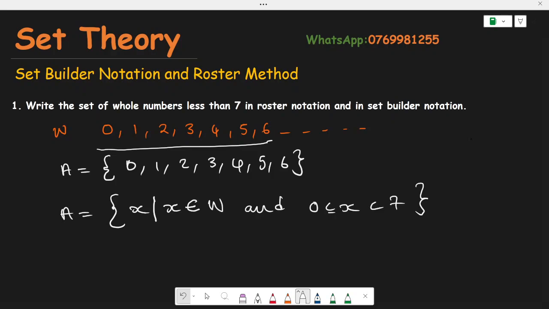When we write it like that, we have represented this in set builder notation.